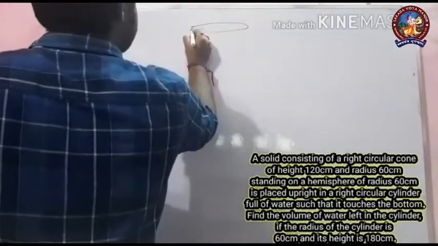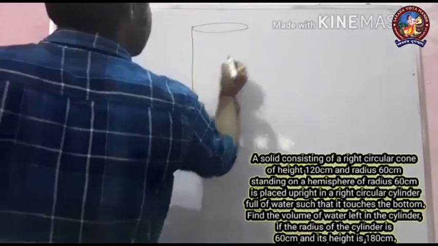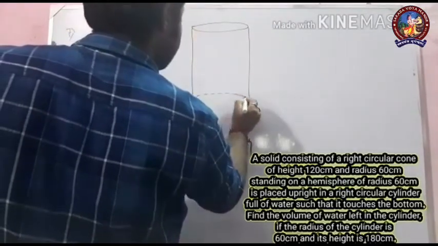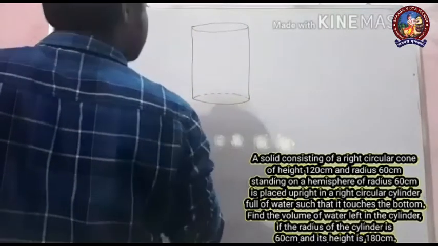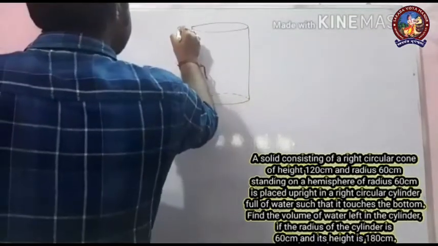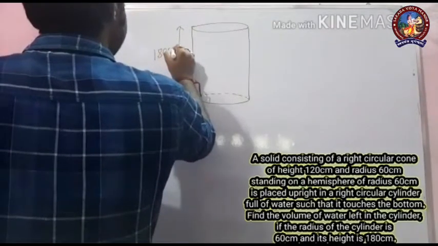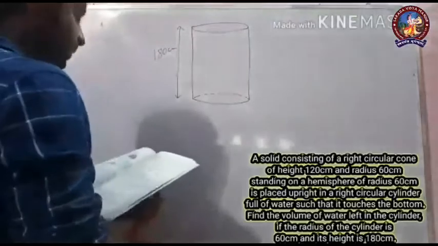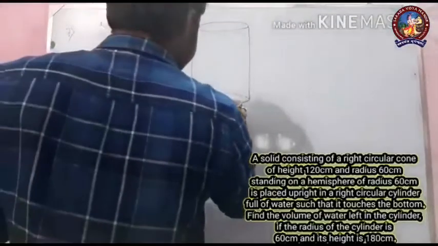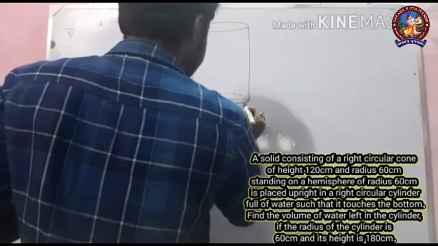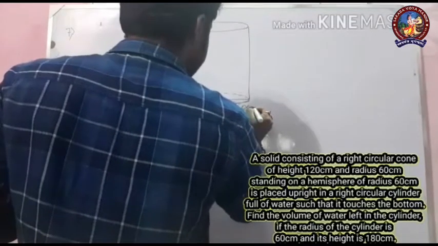Okay, that means they have given a cylinder whose height is 180 centimeter and the radius is 60 centimeter.